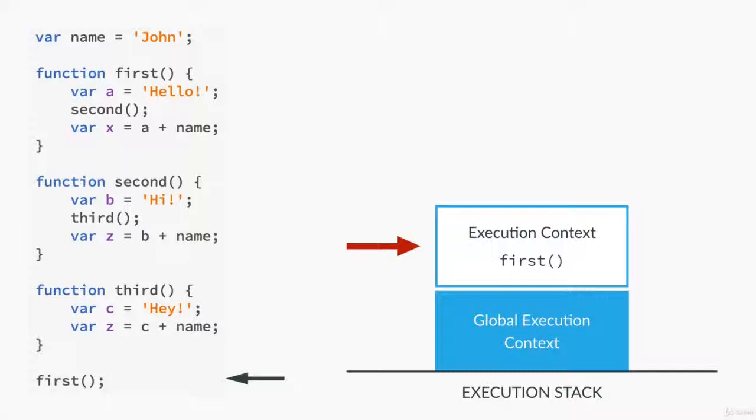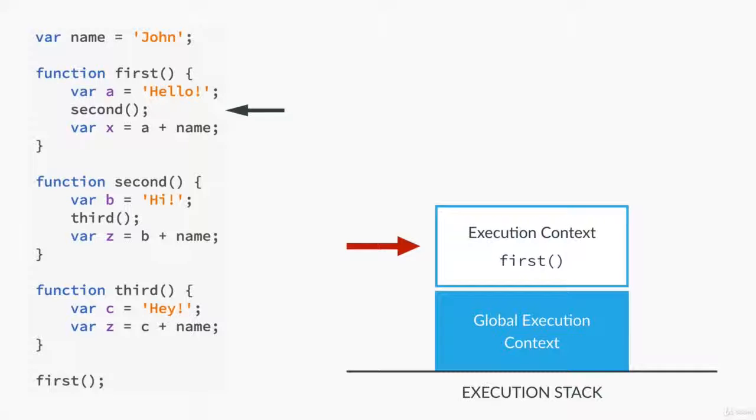Okay, so let's get inside the first function with our arrow. So this a variable will now get stored in the execution context for this function, and not anymore in the global context. And now we call the second function, and I'm sure you can guess by now what will happen, right?